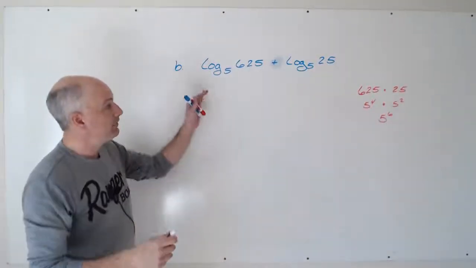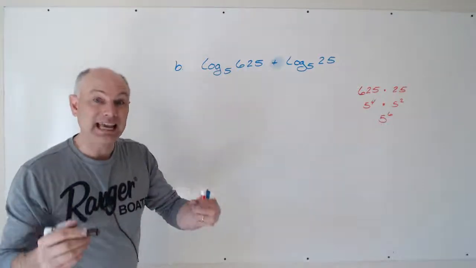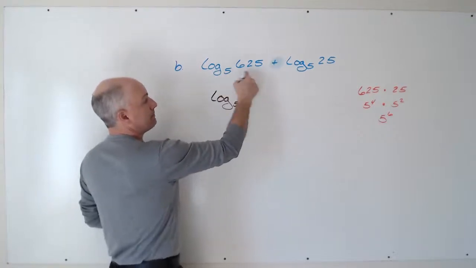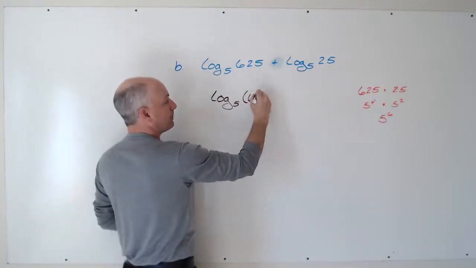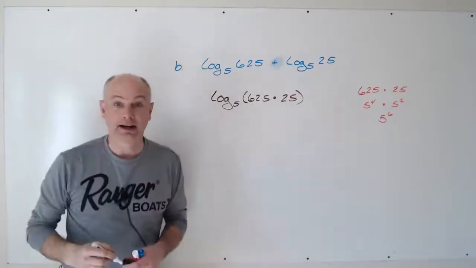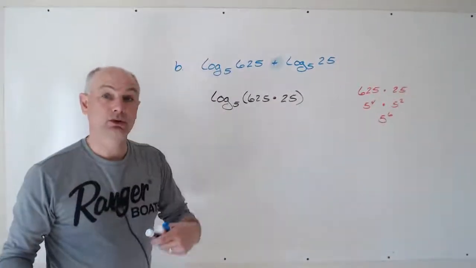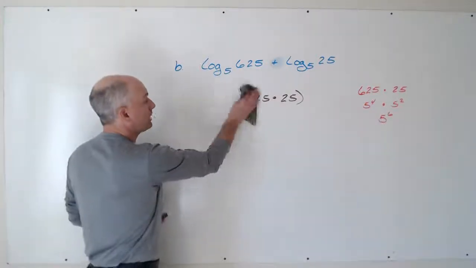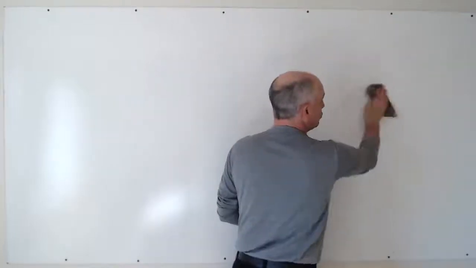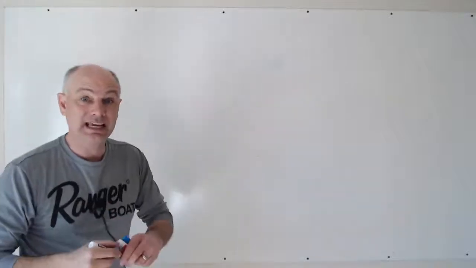So even though it's mathematically correct what I did here, we need to keep in mind that the intent of this problem is to look at it from the purpose that I'm adding 2 logarithms, that I can generate that as a log of a product. So we're going to stay with that intent as we continue through the remainder of our problems here. So when we take a look at part C here, I am not going to simplify individual pieces, even if it's possible. I'm going to use the intent here.